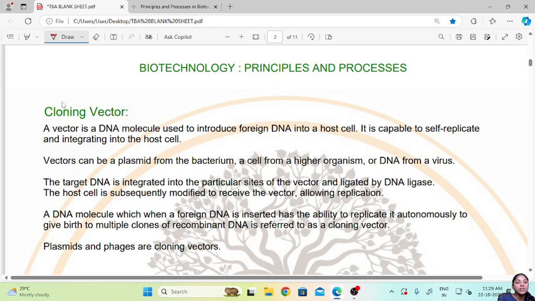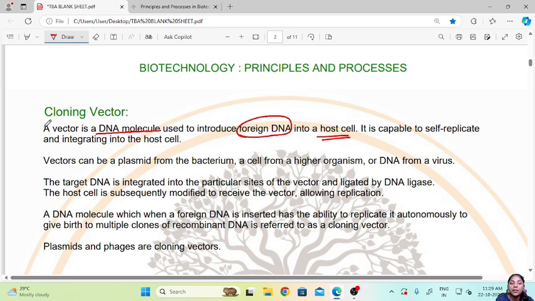A vector is a DNA molecule which is used to introduce the foreign DNA, or the recombinant DNA which we have cut, into a host cell. Finally, whatever DNA we have cut and isolated, we need to transfer it to a host cell where it can replicate.